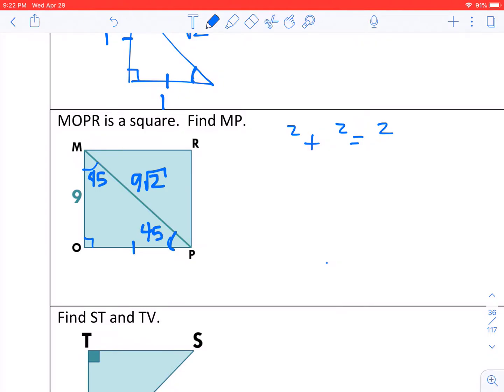If you have a brain fart in the middle of a problem and you can't remember what the pattern was, you could certainly say, well, if that's side 9, this is 9, so then go to Pythagoras, plug it in, and solve for x. And you'll get 81 plus 81, or 81 times 2, correct?